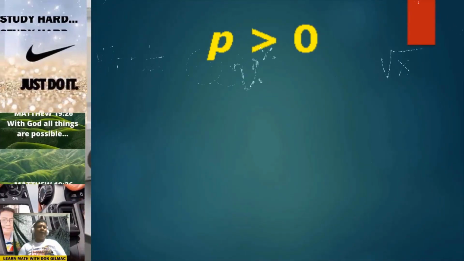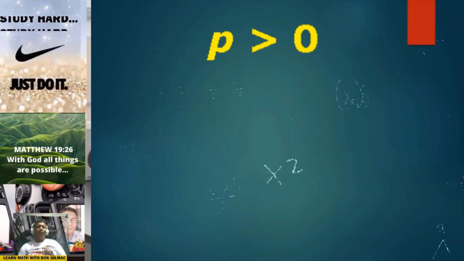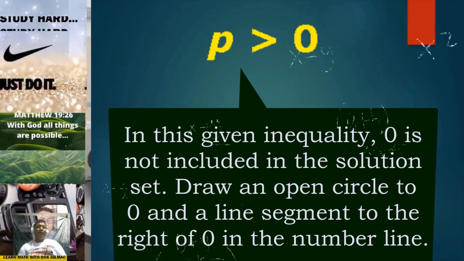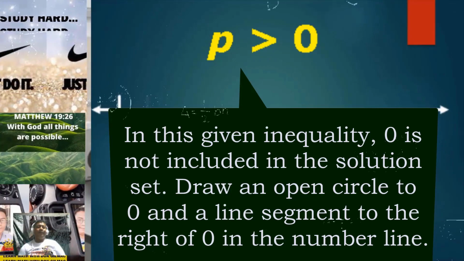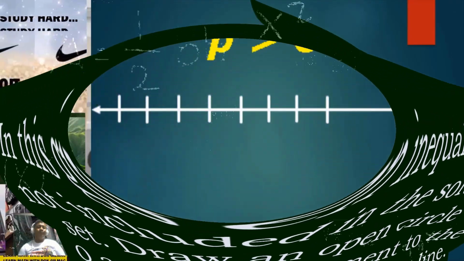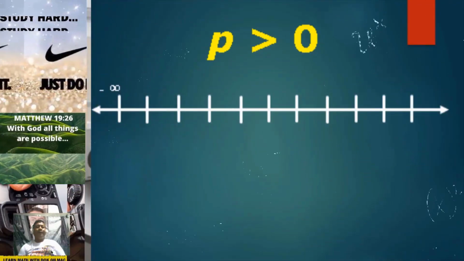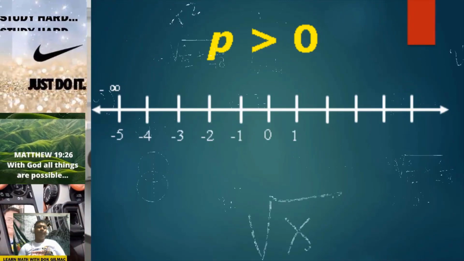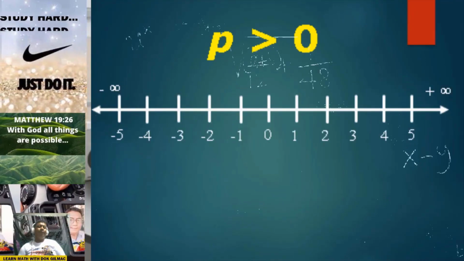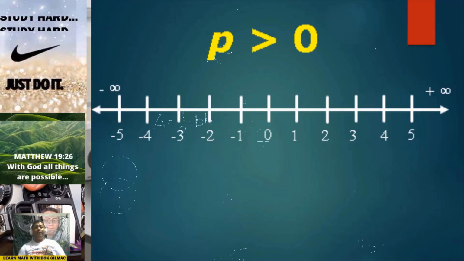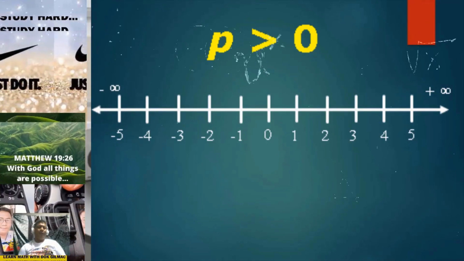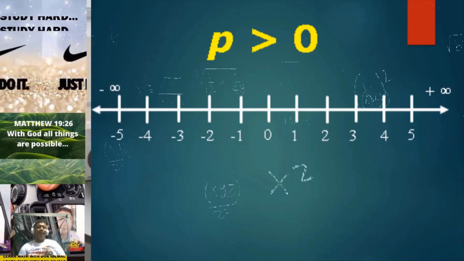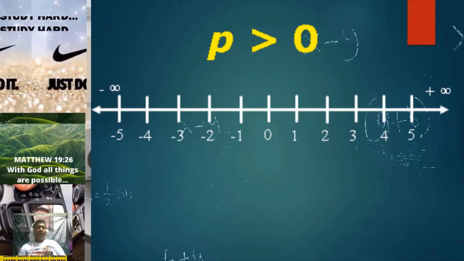Consider p is greater than 0. We're going to graph it on the number line. So consider the number line here, from negative infinity up to positive infinity. Take note, class, we're going to draw an open circle at 0.